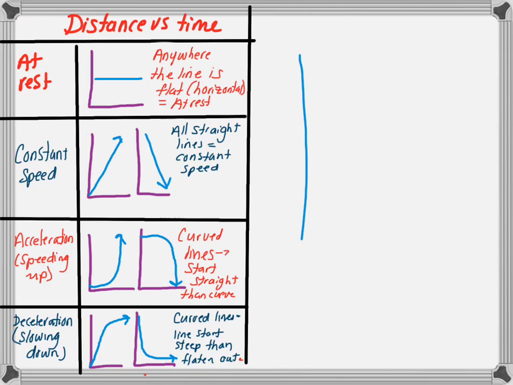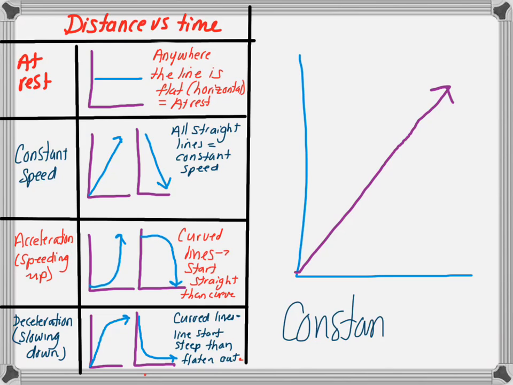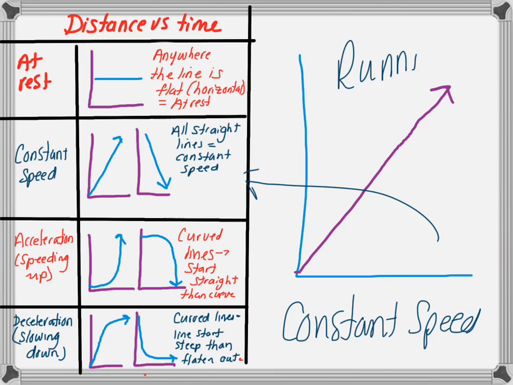So let's say I had this, and then I had this. What's going on here? Which one of these is happening? This is, hopefully you said it, a constant speed. Okay? It's constant because it matches this one. Maybe this person could be running, because it's not very flat.